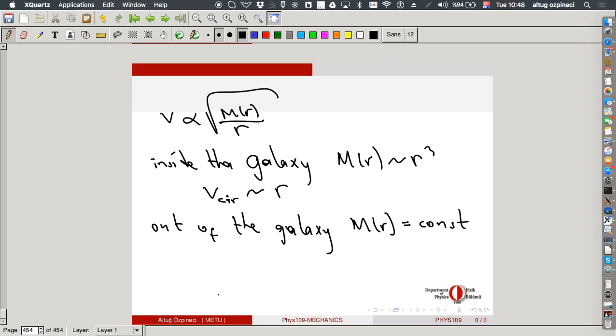If I increase the radius of my sphere, nothing changes. So the circular speed should behave as 1 over the square root of r. Because as you are going away, more and more mass of the galaxy is inside your sphere. But once all of your galaxy is inside, just increasing the size of your sphere doesn't change the mass inside your sphere. It shouldn't.